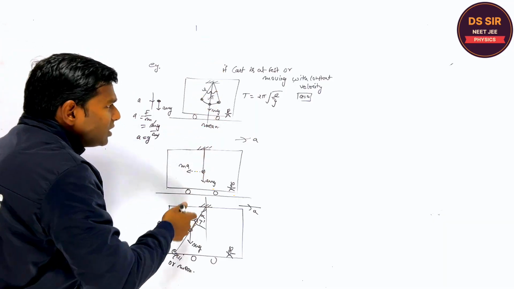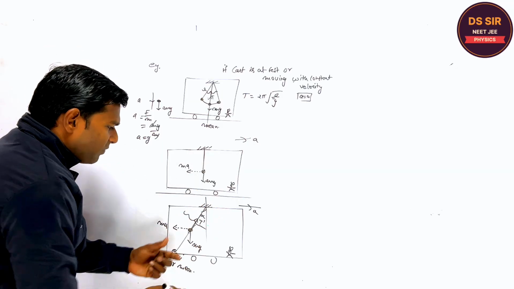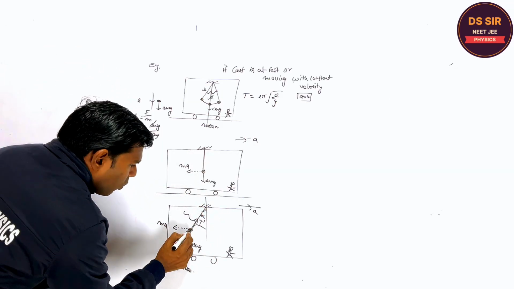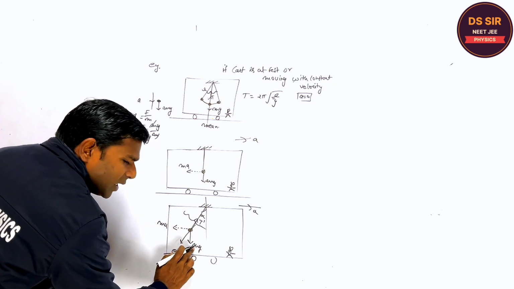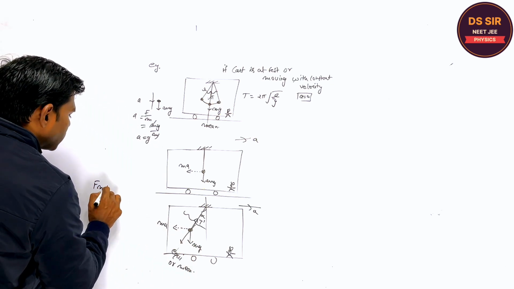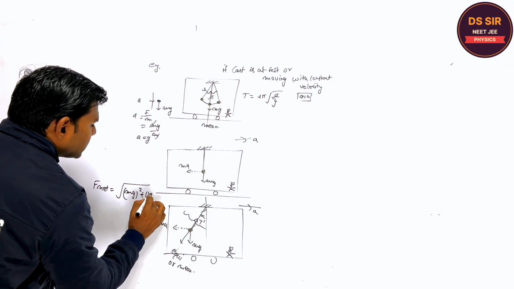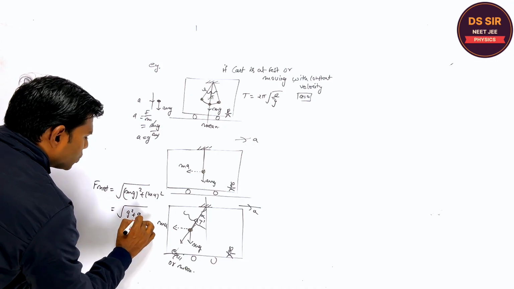So in this case, the g effective is g only, right? But when you cut the string, it will start moving in this way. What will be the net force in this direction, you tell? The resultant of ma and mg. So the net force will be equal to square root of (mg) squared plus (ma) squared.